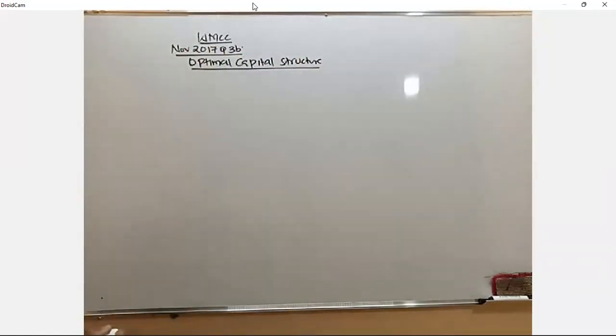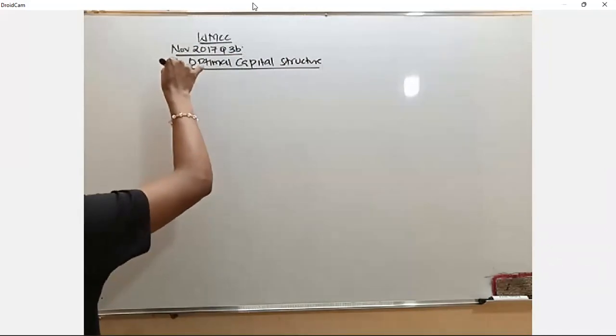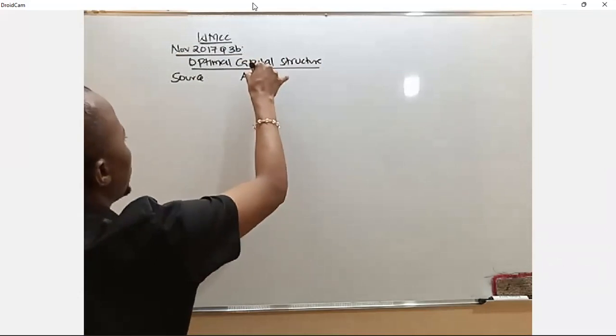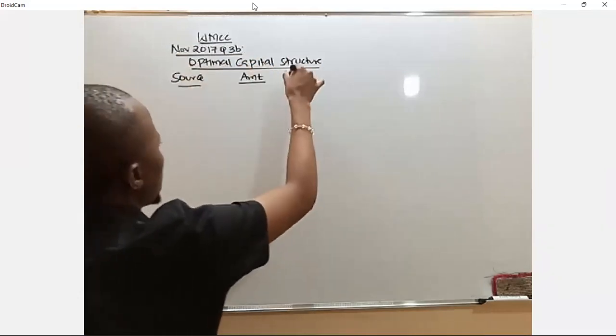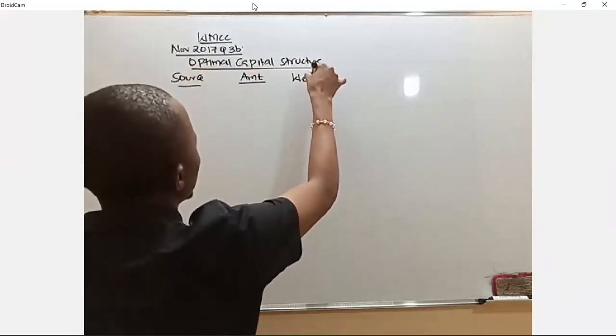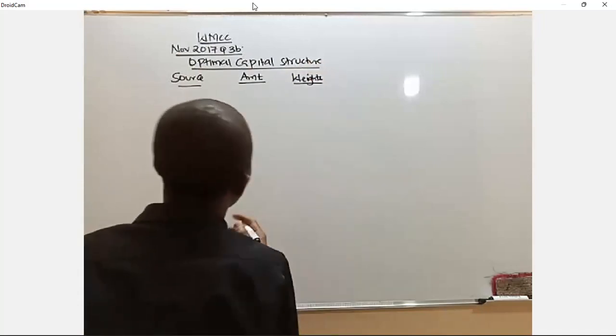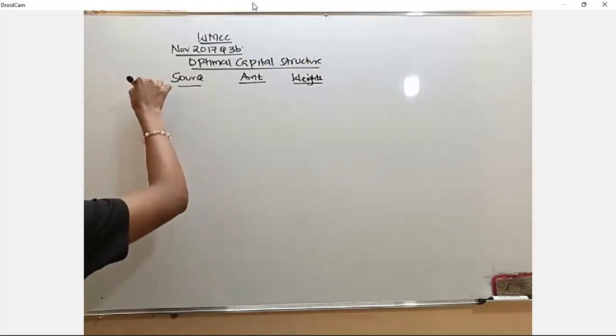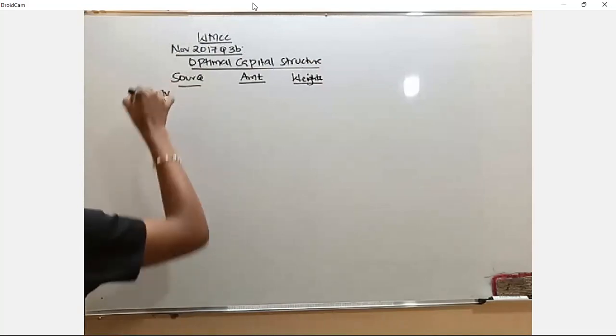So what do we normally look at? We are first looking at the source, right? We have to look at the amounts. Then we analyze the weights. One of the key aspects I can see in that question is we have our equity, right?